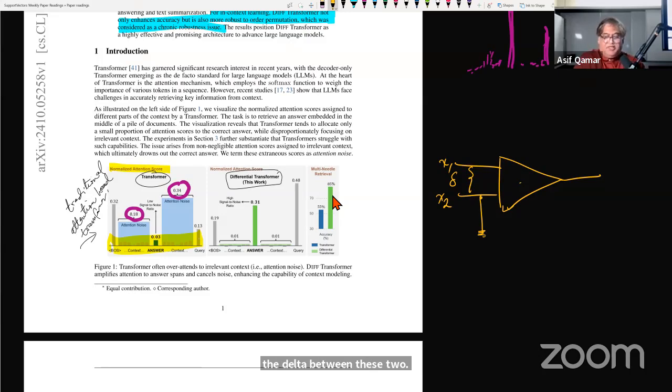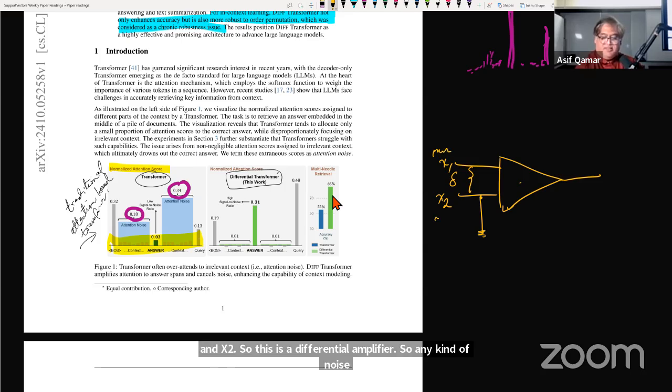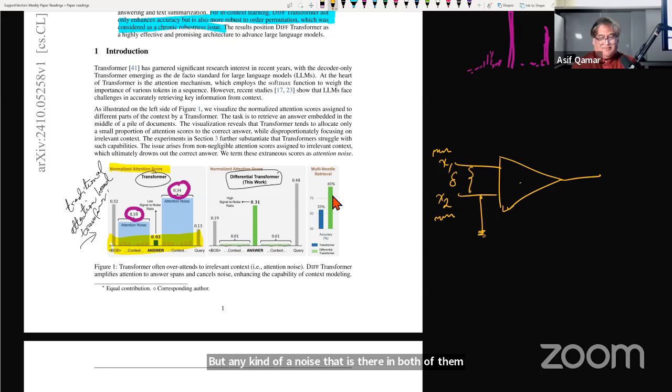So this is a differential amplifier. So any kind of noise that is there in both of them will get canceled out, right? Because it's only looking at the delta between them and amplifying it.